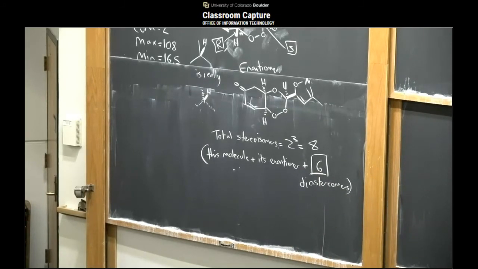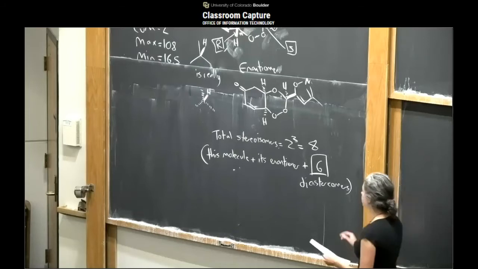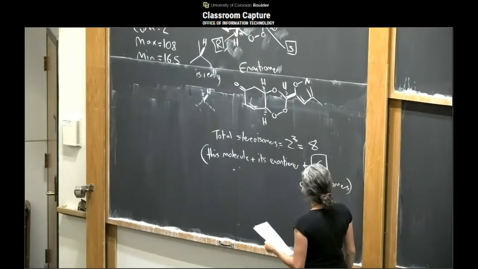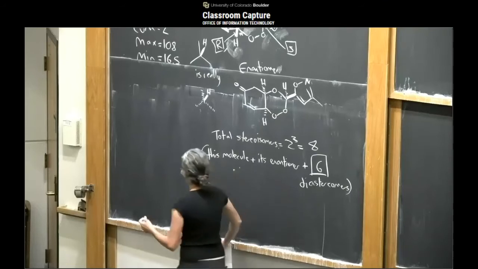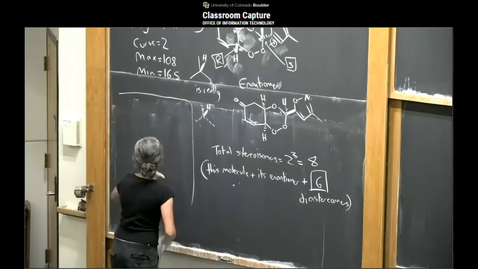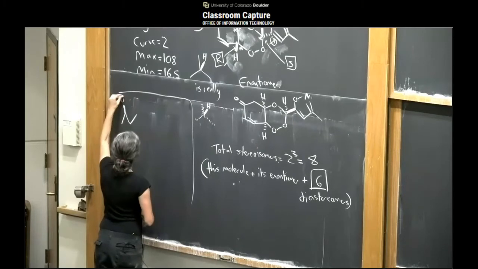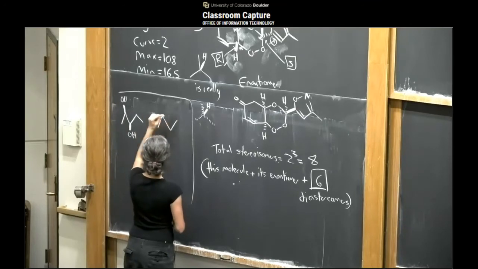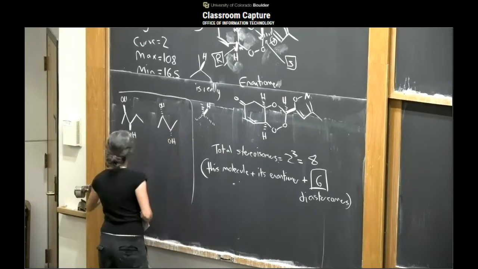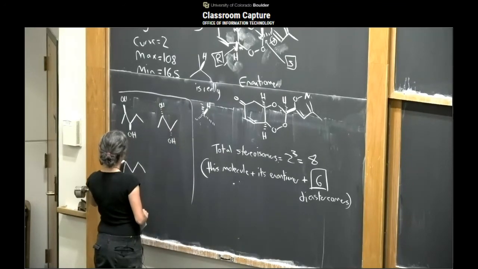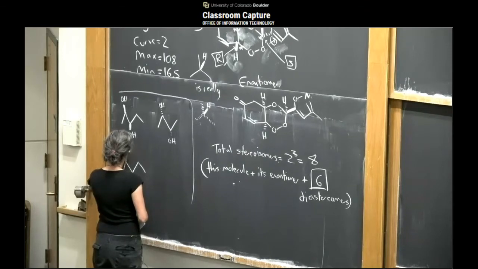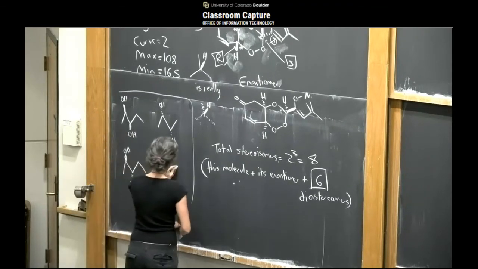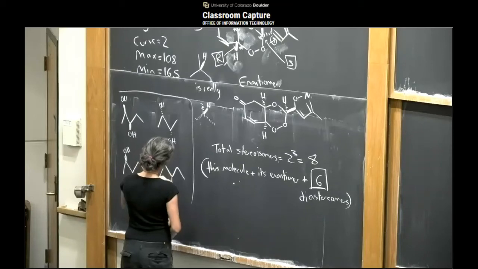So questions about that one? Okay, cool. So if you're wondering what's the closest analogy to this that we saw in lecture, it's probably going to be comparable to that one where I drew up bold OH, dashed OH, bold and dashed and bold.